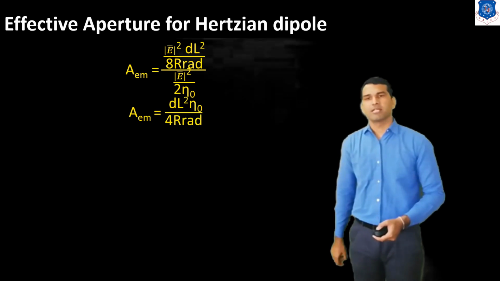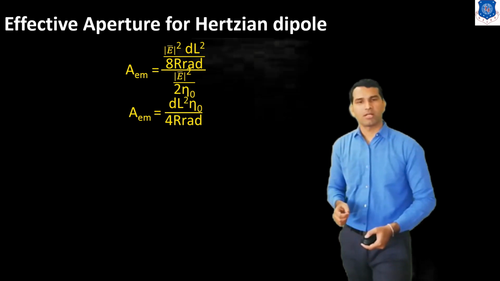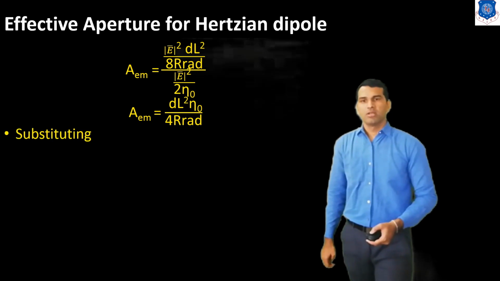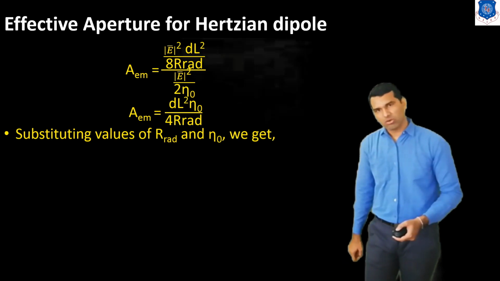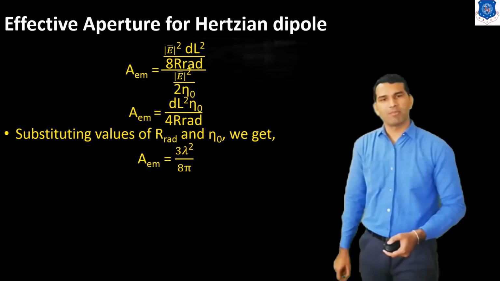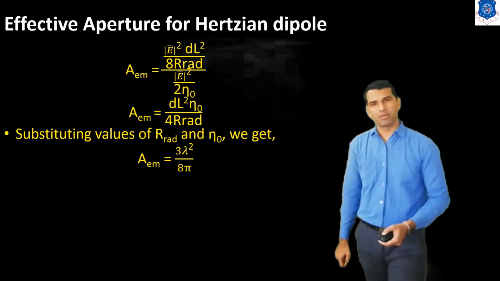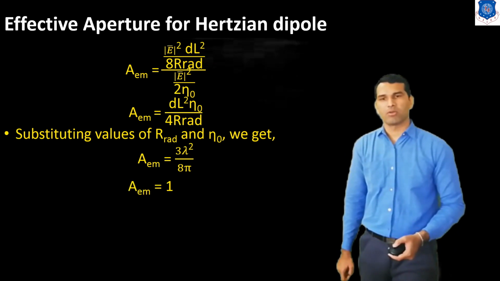So AEM is equal to dl squared eta 0 upon 4 R radiate. Substituting the values of R radiate and eta 0, we get AEM is equal to 3 lambda squared upon 8 pi. This is the effective aperture for the Hertzian dipole.